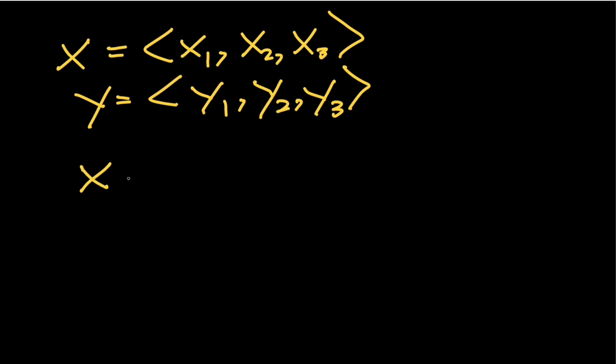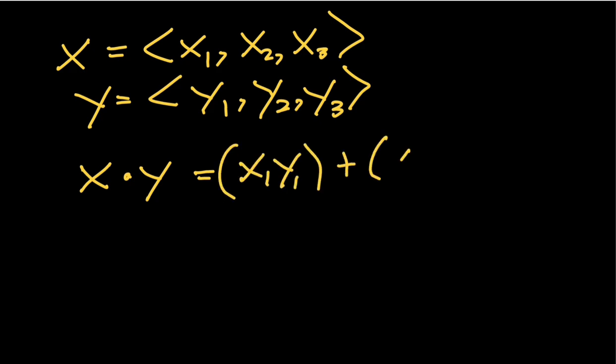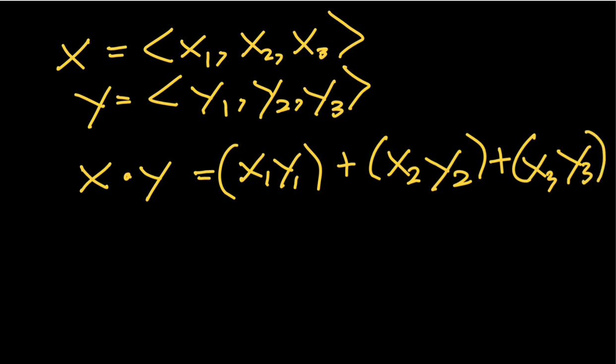That would be x dot y, and this would be equal to x1 y1 plus x2 y2 plus x3 y3. So you just have to multiply their components.